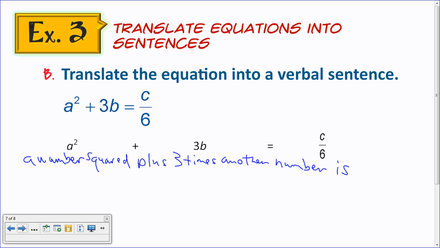Or we could just say is. Another number. This is what I would use: just use the quotient of C and 6. That way I don't have to say another number or a different number.